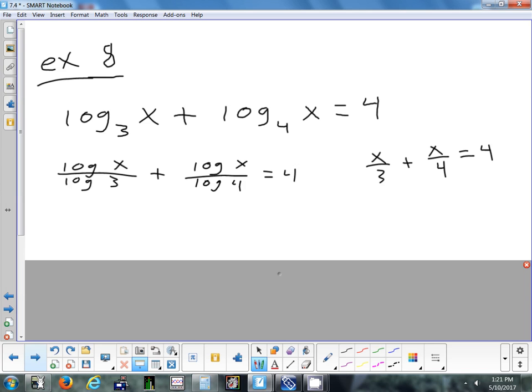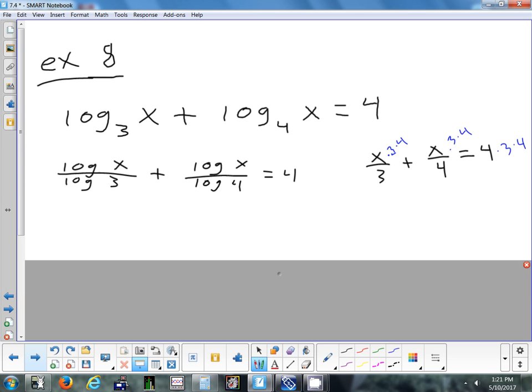What number could you multiply by that would cancel a 3 and a 4 at the same time? 12. And I'm not going to write it as 12 because, well, you'll see in a second. I'm just going to write it as 3 times 4, 3 times 4, 3 times 4. Now the right-hand side is just a number. 4 times 3 times 4. I just type that in, see what I get.